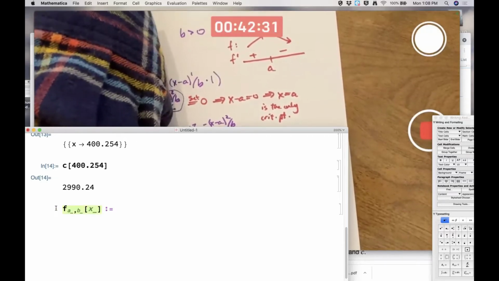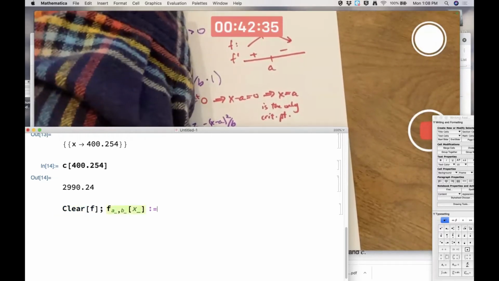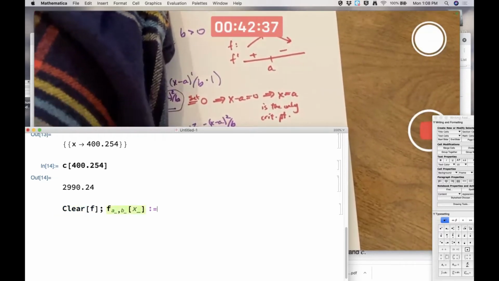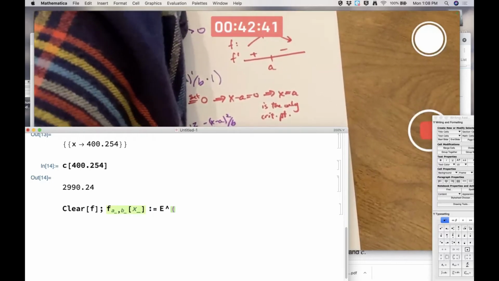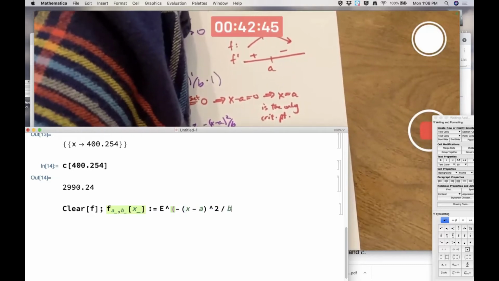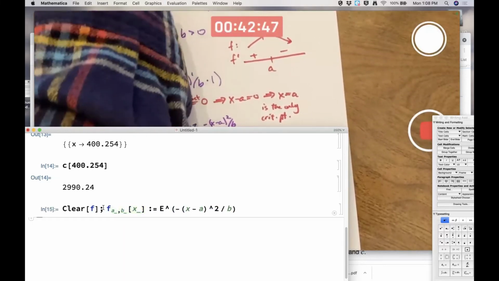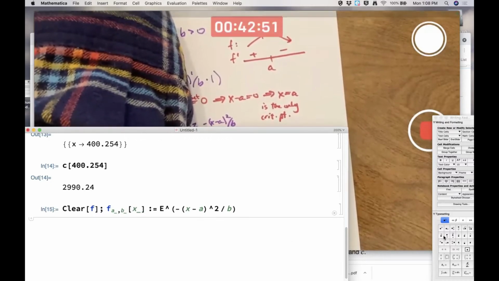I'm not sure how my memory is doing here, so I better clear f just to make sure there's nothing in memory that's going to goof this up here. In Mathematica, e is a capital E, so I get capital E raised to the negative x minus a squared over b. Once I have entered the function, I don't need the underscores anymore.